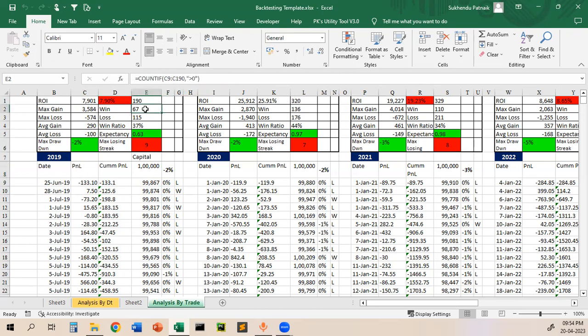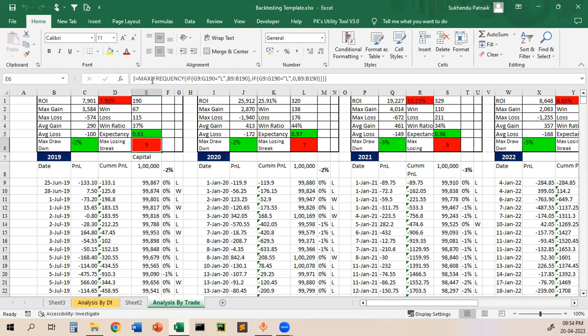Then comes the win rate. So basically, how many trades were positive, how many trades were negative, and the win ratio. Expectancy is calculated as the average win into the win rate minus the average loss into the loss rate. Once we do that, we divide by 100, and we get the expectancy.